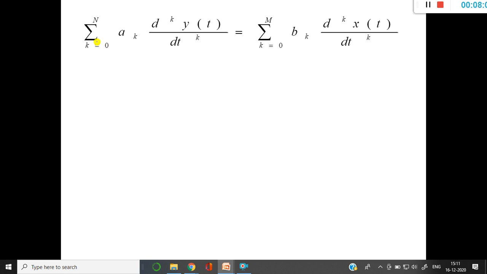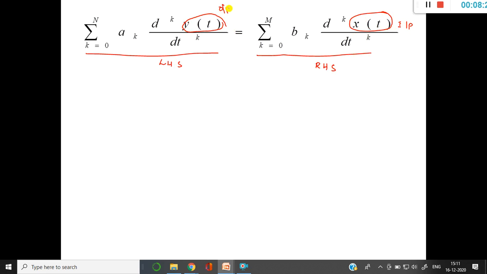Now, similarly, we have these equations with a left hand side and a right hand side. What is this right hand side? It is the input x of t. So this is our input and this is our output equation. y of t represents our output and x of t represents my input here.